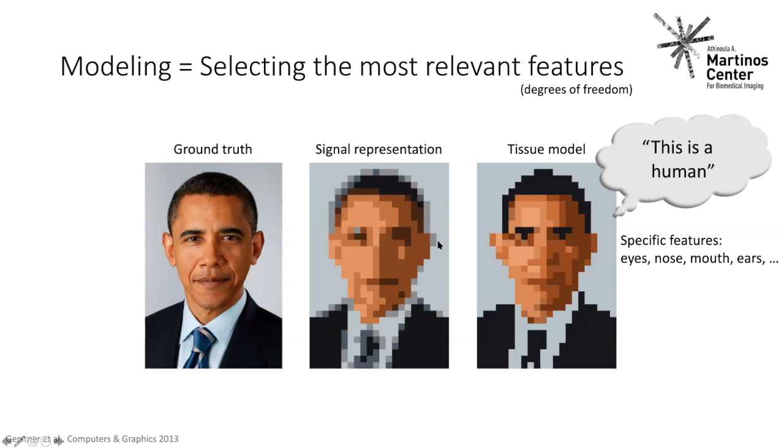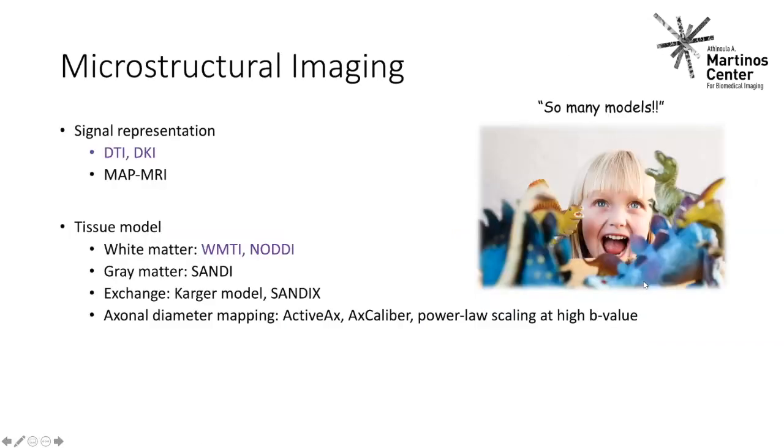We can say it's a signal representation with the basis of the pixel. And the right figure is actually a tissue model, which has assumptions. And here the assumption is this is a human, so it has specific features like eyes, nose, mouth, ears, or presence. So actually, this is the essence of microstructure imaging.